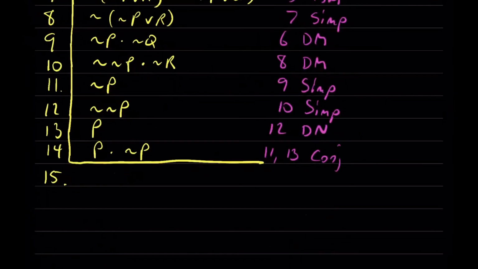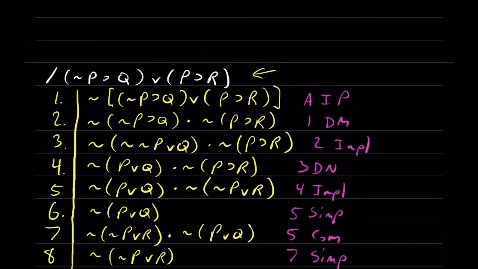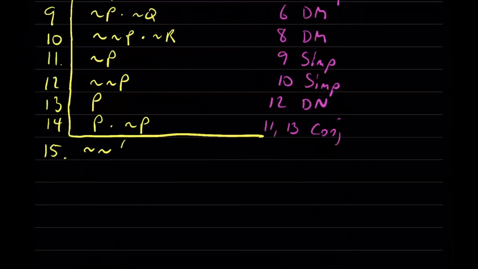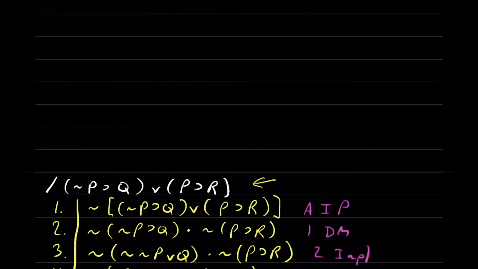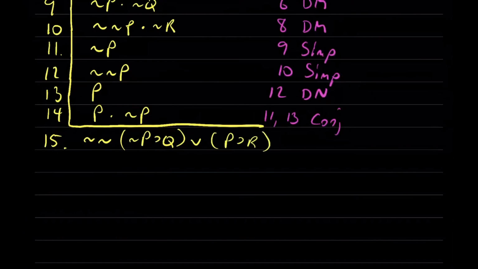So I have not, and here I have to scroll up a little bit. Sorry about this. Everything here, inside a bracket, we've got the negation of P implies Q, or P implies R. Sorry about the scrolling there. Like so. All of that in a bracket, like that.